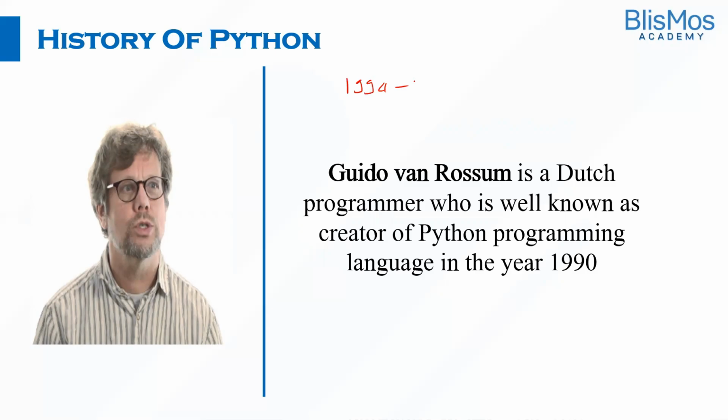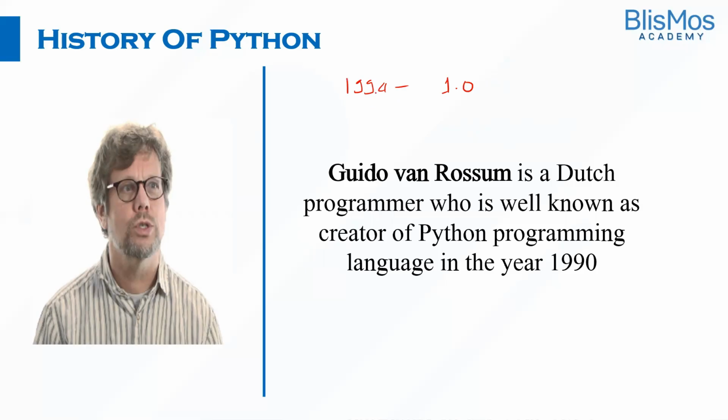Somewhere in 1990, Guido van Rossum, who is a Dutch programmer, created the Python programming language. Then, somewhere in 1994, we got Python 1.0.